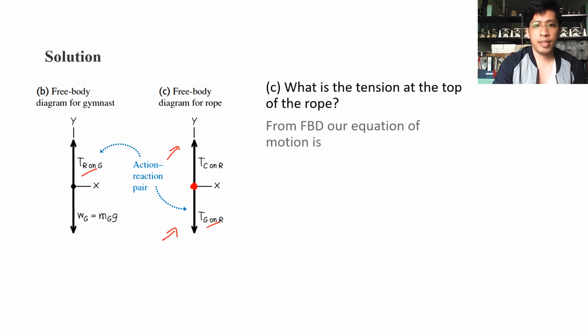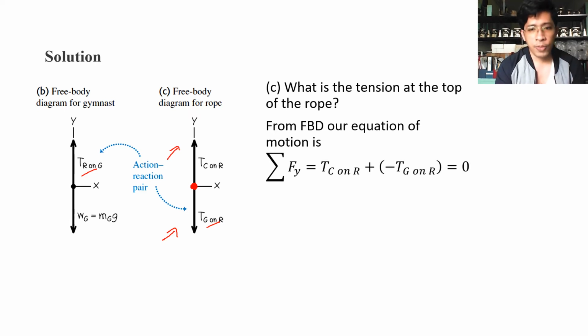So from our free body diagram for figure C, the equation of motion is T_C on R, the tension that the ceiling exerts on the rope, plus the negative of the tension that the gymnast exerts on the rope. That is negative because you have a downwards force vector, and that is equal to 0 since your system is in equilibrium.